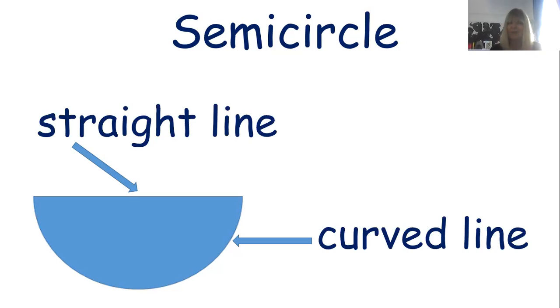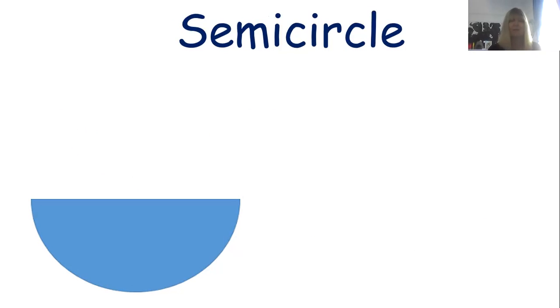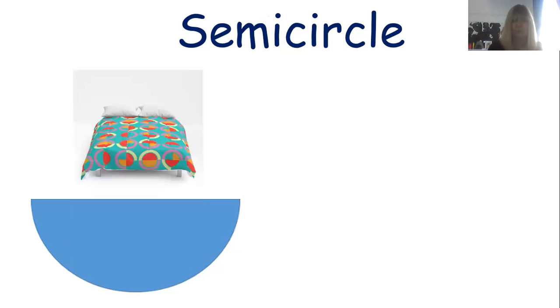A semicircle. Let's see where we might see a semicircle in our homes or out and about. Well, we might see it as a pattern on something like a duvet cover. We might see a semicircle when we cut an orange in half and then a slice through.